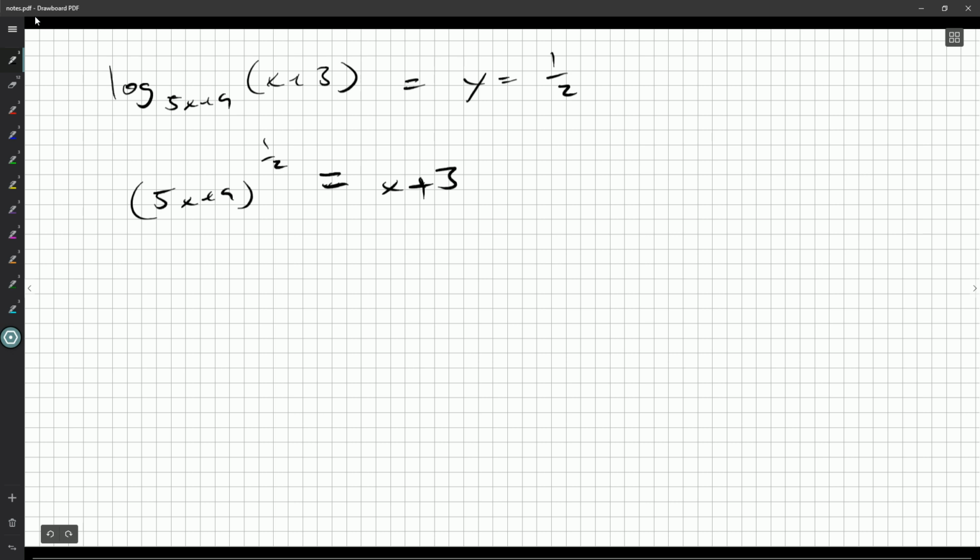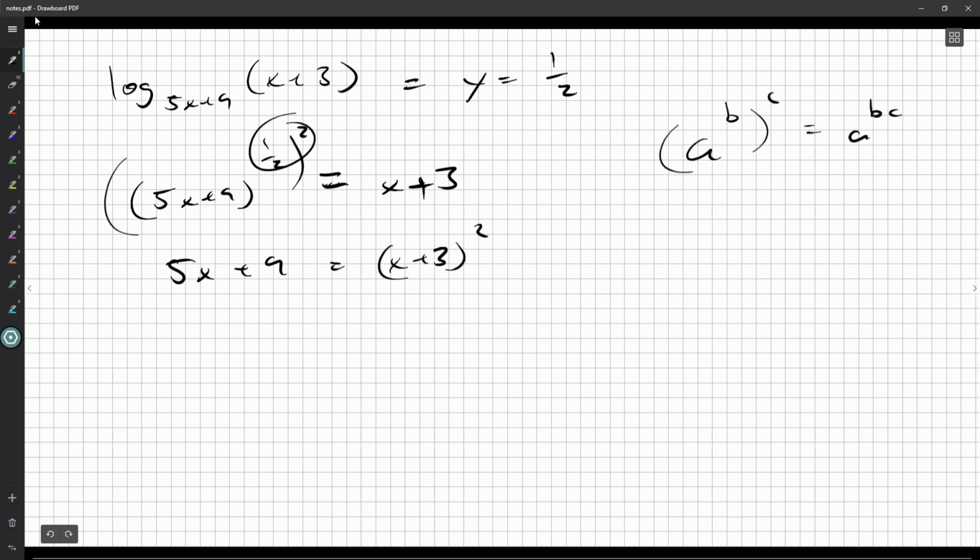Okay, now what do we do? Well, we could square both sides. That gets rid of the 1 half. Because if you've got a 1 half and a 2, exponents in the top multiply together, and 2 times a half is just 1.